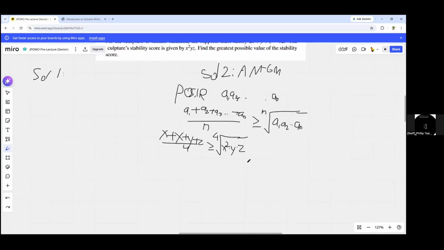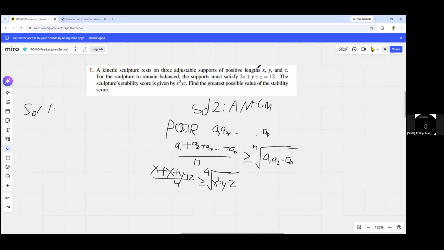So here, we know that since 2x plus y plus z is equal to 12, this must be 12 over 4, or 3. So 3 is greater than or equal to the fourth root of x squared yz.